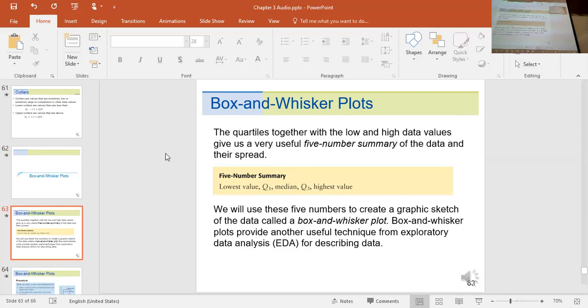This is a vertical box I want to make. We can also make a horizontal box.